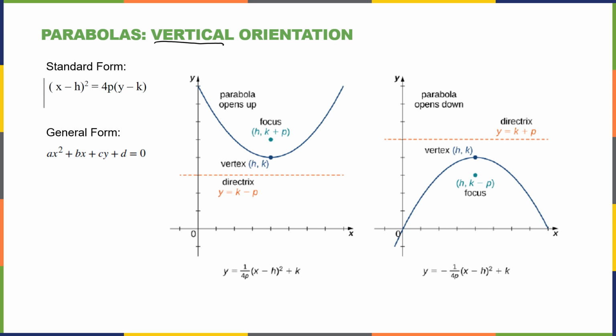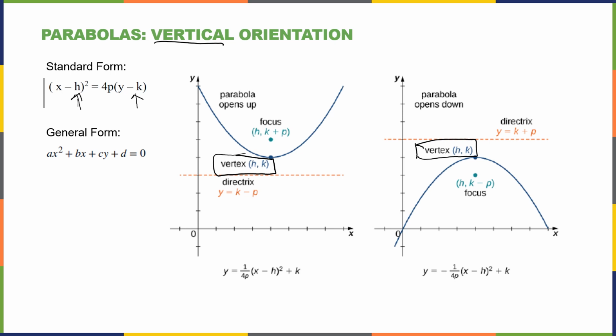In this scenario, the parabola no longer has a vertex at the origin (0, 0), but rather has a vertex located at the ordered pair (h, k), where h is located here and k is located here. k is always located with the variable y. h is always in the parentheses with the variable x.